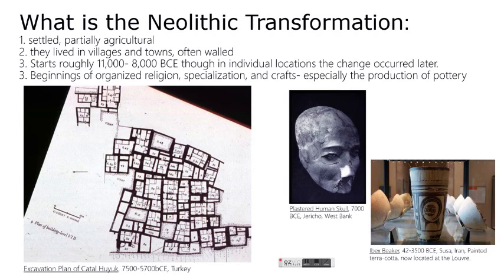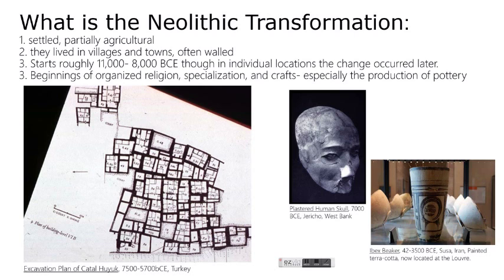But the main transformation that happens into the Neolithic period is the development of farming and the living in small villages and towns, and the towns start to become walled, like larger type cities, where we start to see the beginnings of the idea of people having specific roles in that town, not just everyone doing the same thing. This begins roughly, we're not exactly sure, but roughly somewhere between 11,000 and 8,000 BCE.